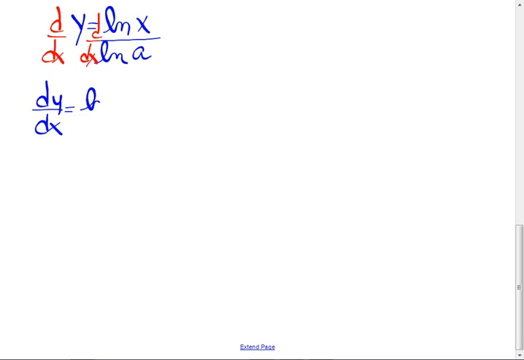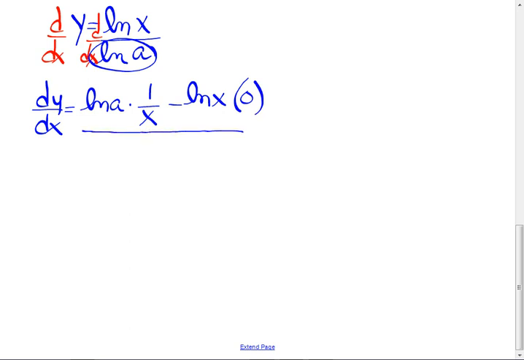So it's the denominator times the derivative of the numerator, minus the numerator. What's the derivative of the log of a? No, it's a constant. It's like 3. It's 0. All over the denominator squared.